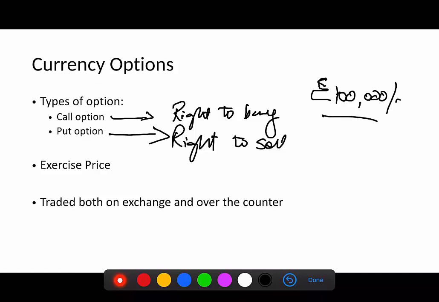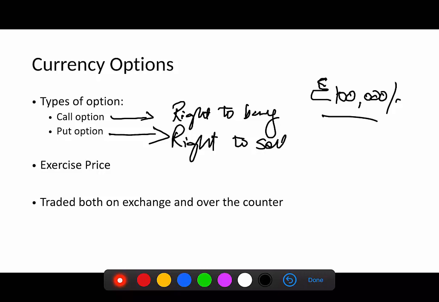It depends on the original contract, what the strike price was. The strike price is the price at which you agree to buy the euros by exchanging US dollars.